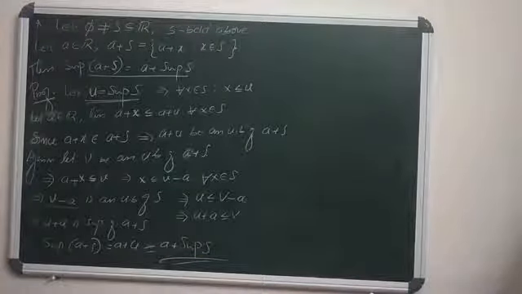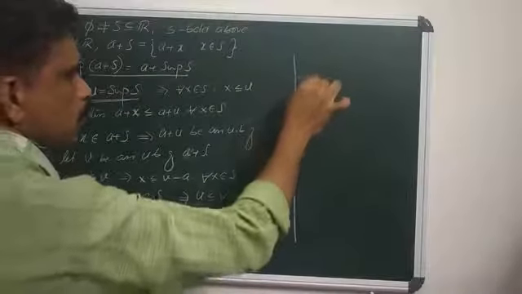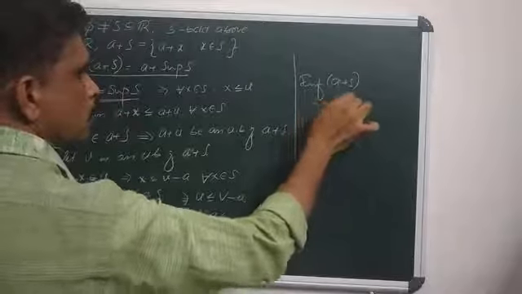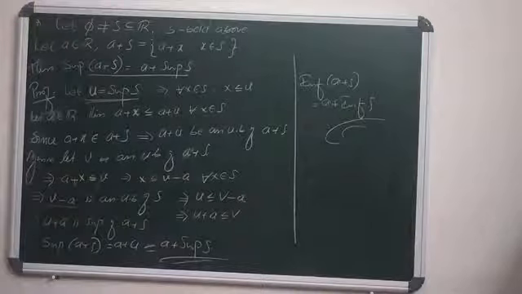Agreed. Similarly, you can show another result: the infimum of a plus S equals a plus the infimum of S. This is again by the same arguments. Okay, thank you.